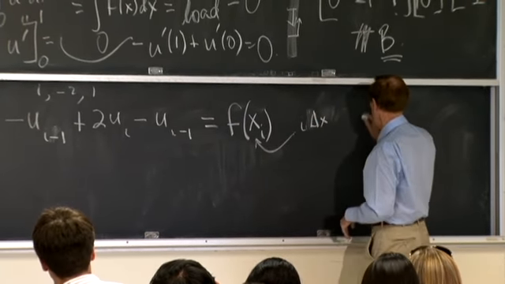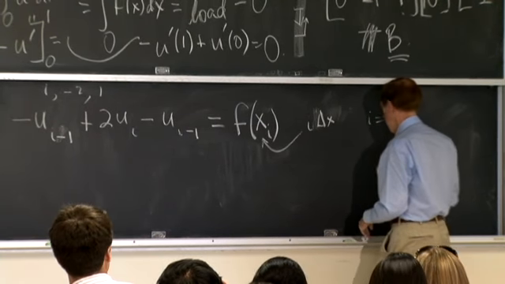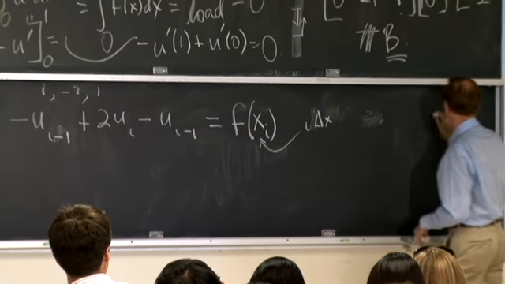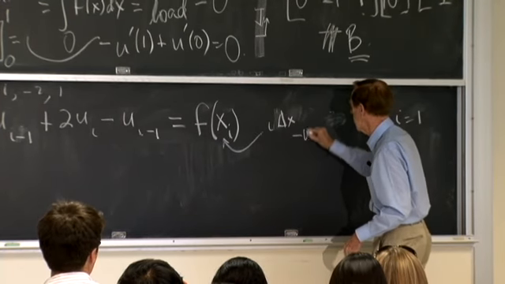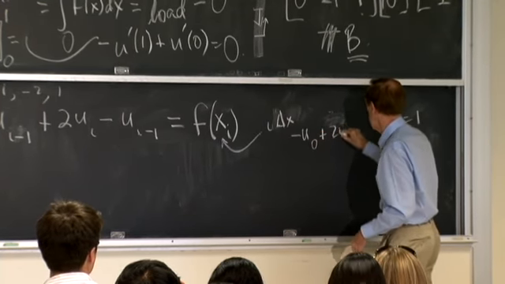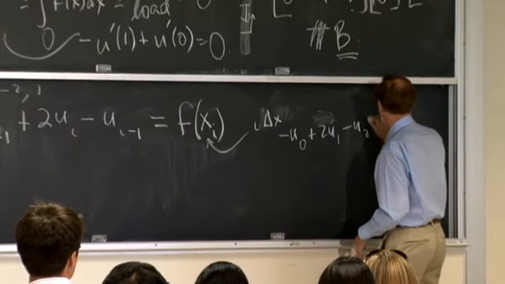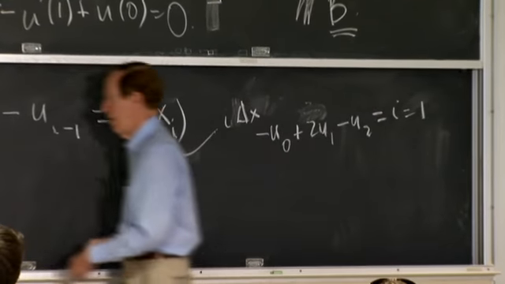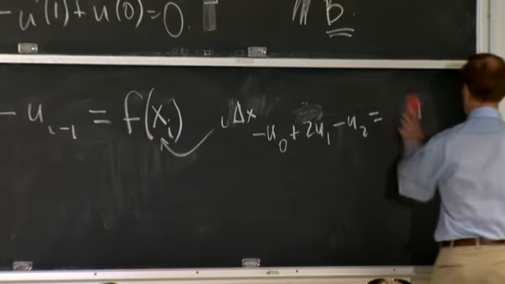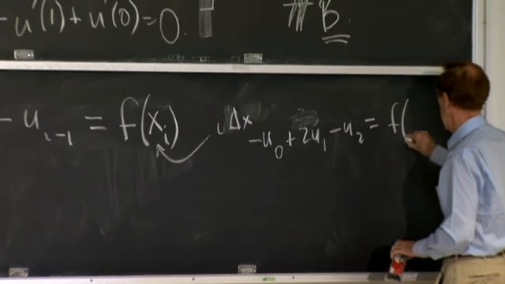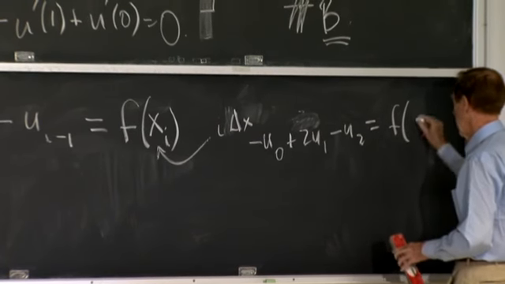At i equal 1, let's say, I have minus u0 plus 2u1 minus u2, and it agrees with the load f at the first mesh point.